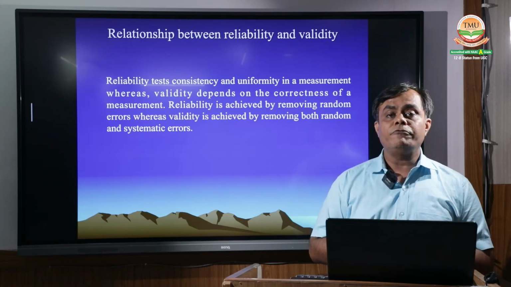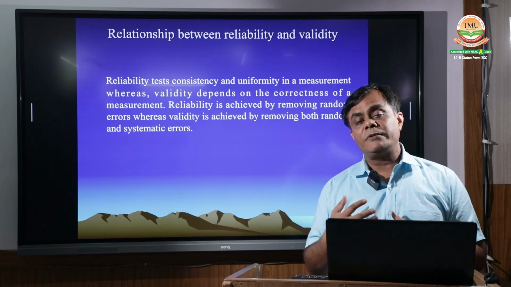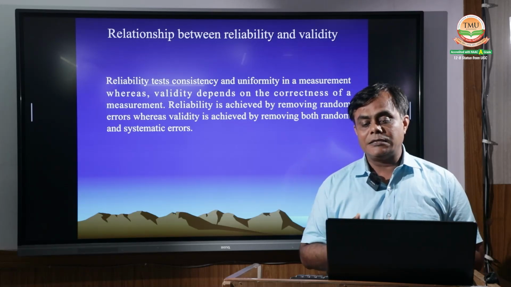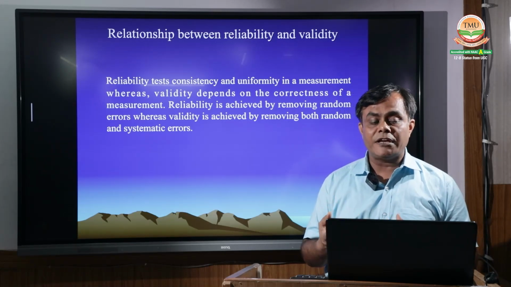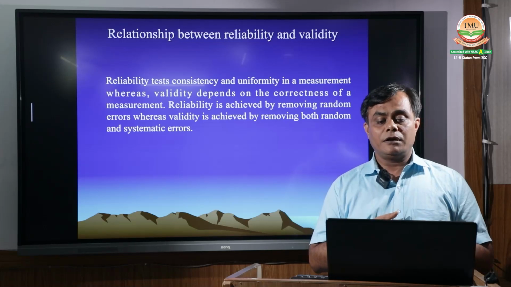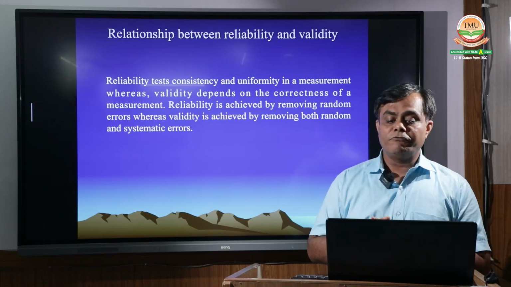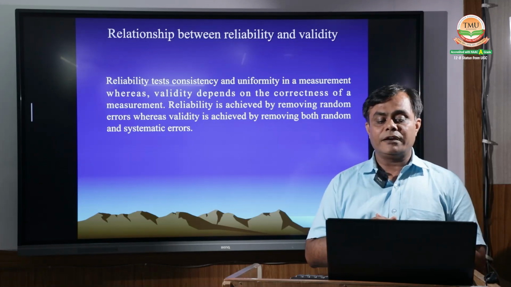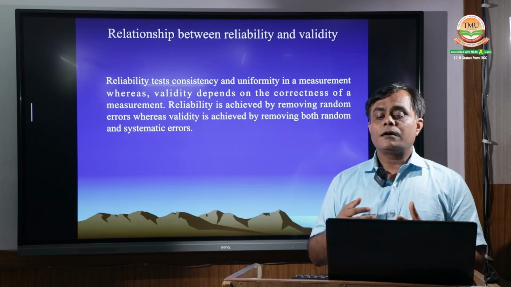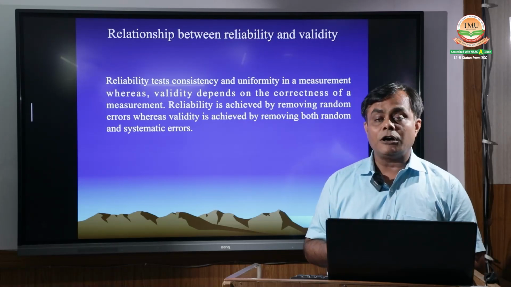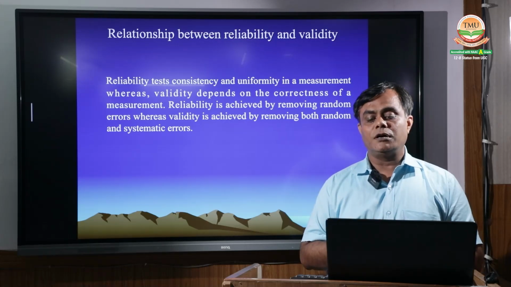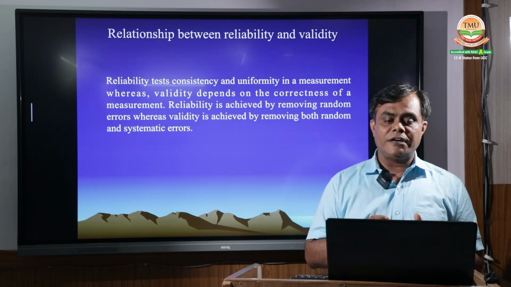Through reliability we can increase the uniformity in our measurement and remove the random error. On the other hand, through validity you can increase the correctness in the measurement and also remove both random and systematic error.